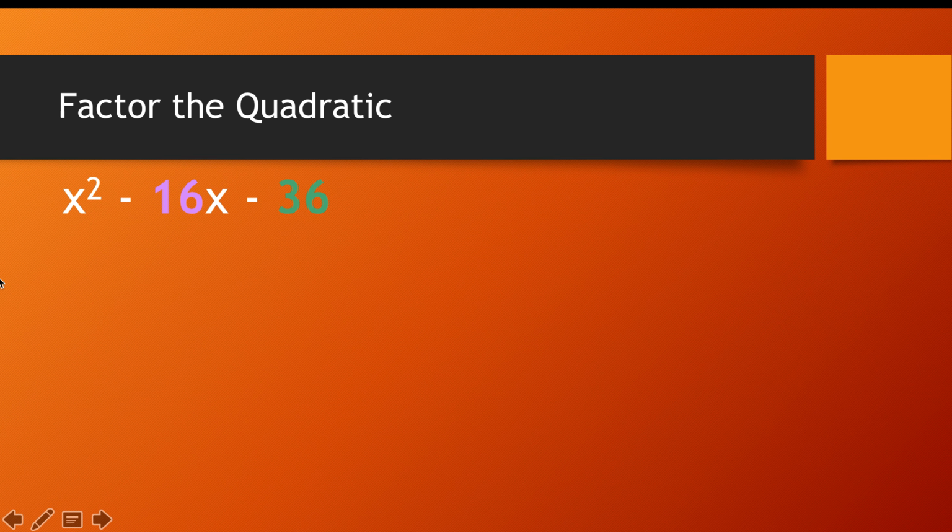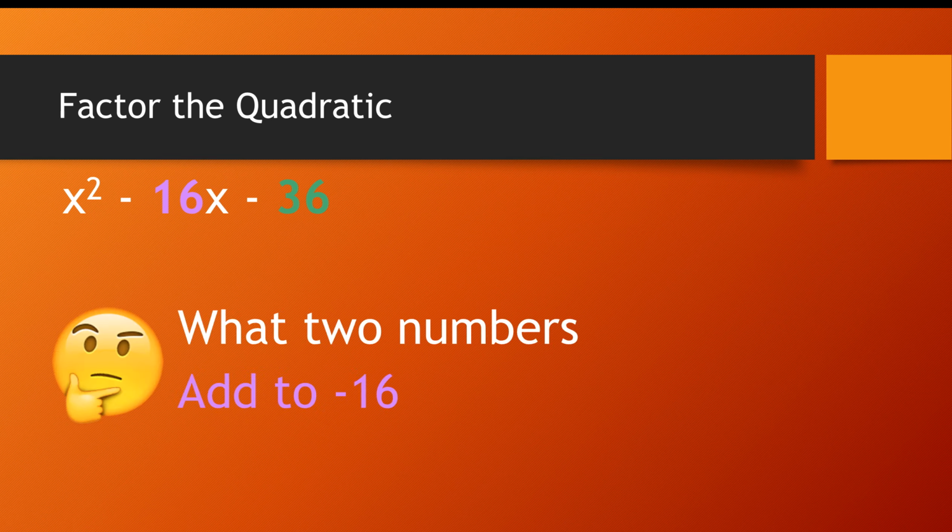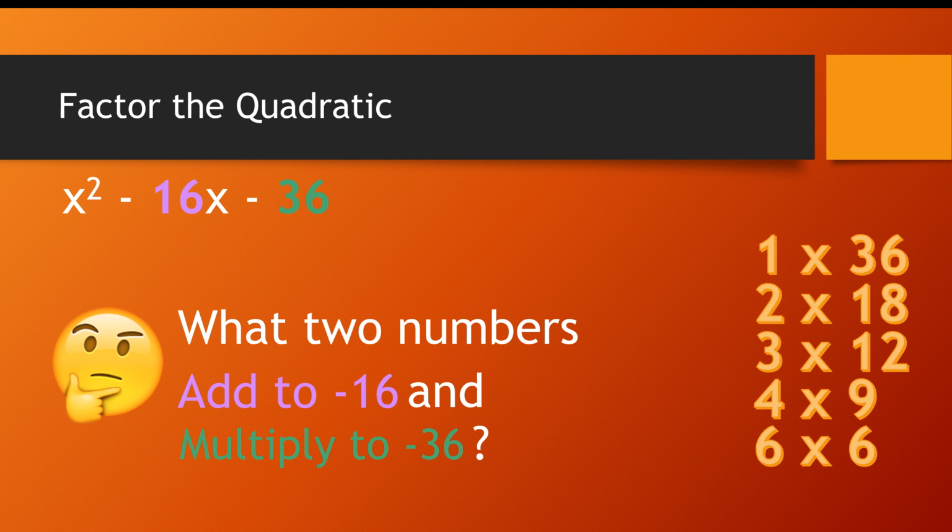Next example. We need two numbers that add to negative 16 and multiply to negative 36. Well, again, to multiply to negative 36, one has to be positive and the other has to be negative. So here are the factors of 36. Which factor pair are 16 apart? 2 and 18.